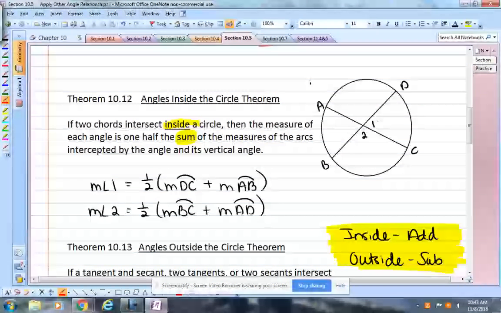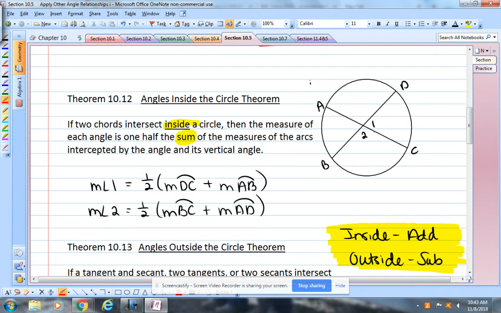They're vertical angles, and we know vertical angles are congruent. So if I want to find the measure of angle 1, I take the two intercepted arcs made by that angle and its vertical angle. I add them together and I take half of that number, and that will be the measure of angle 1.